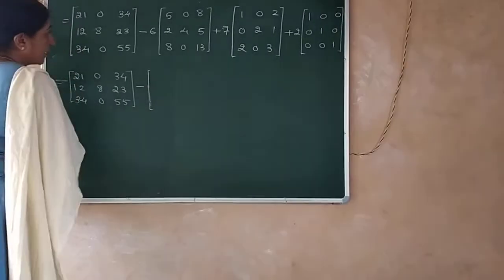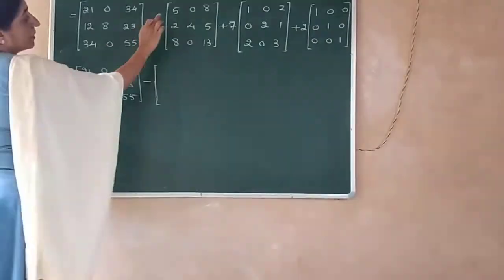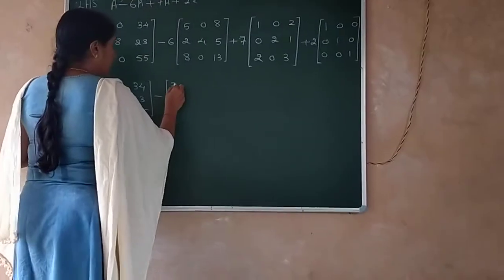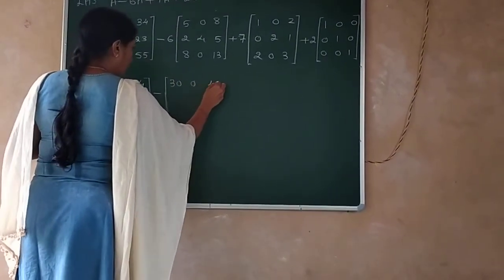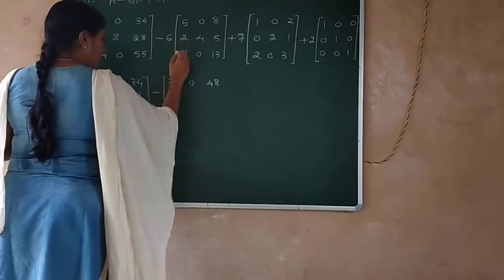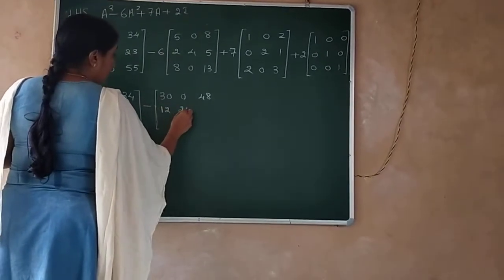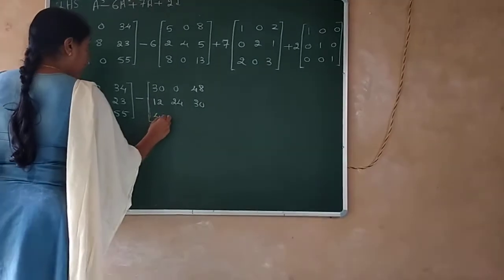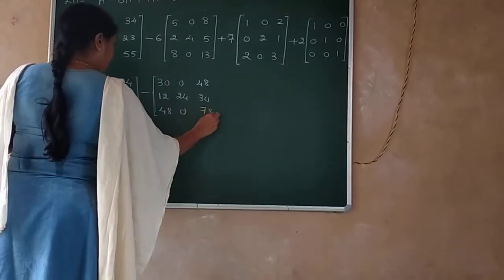What am I doing? I am taking 6 inside the matrix. That means each number is multiplied with 6. It is 30, 0, 48. What is the next one? 12, 24, 30. Next 48, 0, 78.